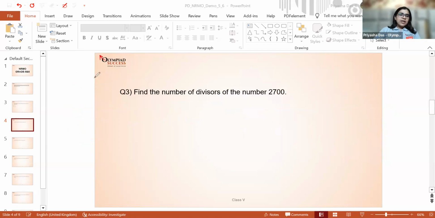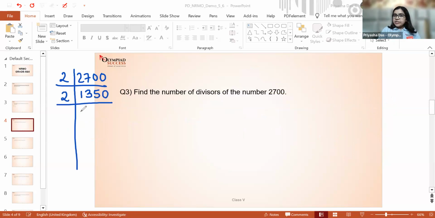Over to you. The first step is very simple. Calculate the prime factorization. I'm doing it simultaneously and expecting you to do it in your notebooks by yourself.